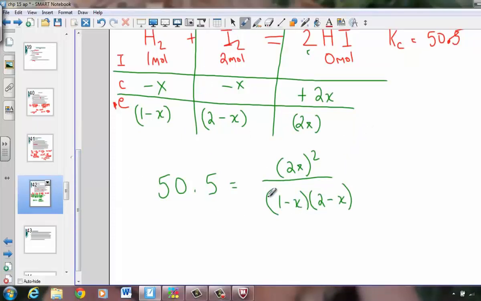First thing that I'd like to do is to just simply FOIL, distribute through these parentheses. So 1 times 2 is 2. 1 times negative x is negative x. And then inside we get minus 2x.